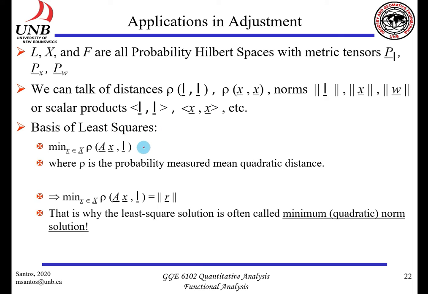So the basis of least squares is the minimization of the distance between AX and L, two vectors. Rho is the probability measured mean quadratic distance. So we have the minimization of this distance, which is basically the residual.